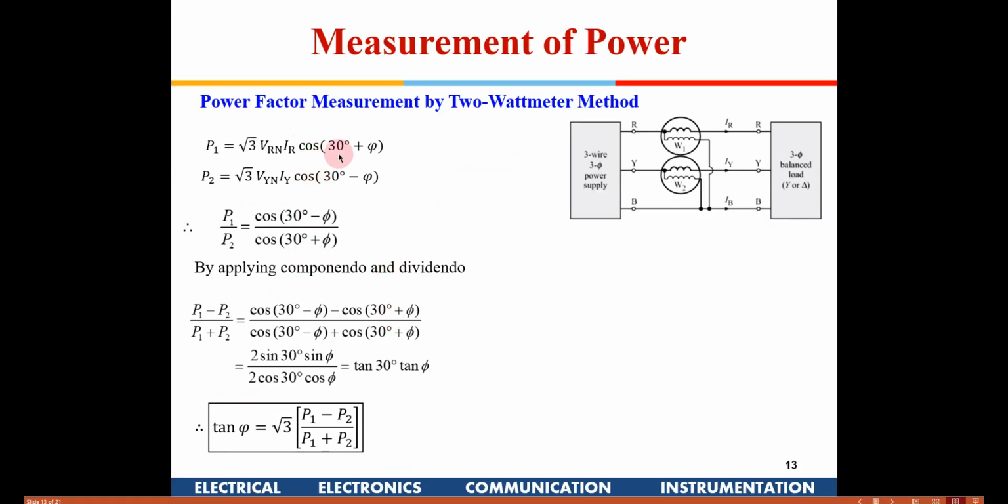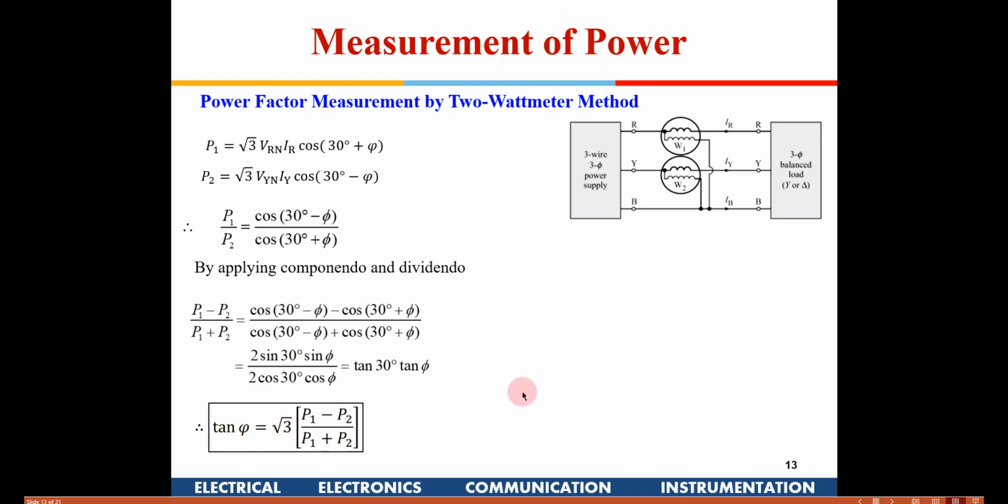So if you divide these two things, you will get P1 by P2 as cos 30 minus 5 over cos 30 plus 5, and then by applying componendo and dividendo, you get this equation where tan phi is equal to root 3 times (P1 minus P2) over (P1 plus P2).